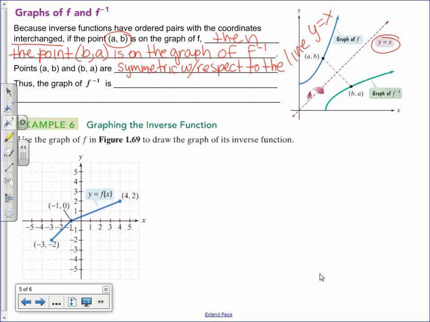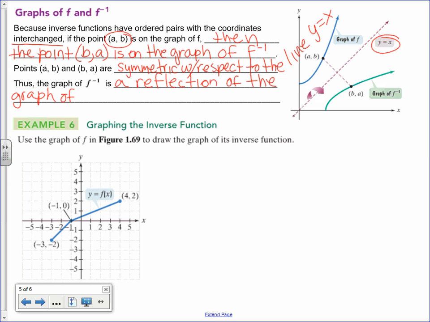Thus, the graph of f inverse is a reflection of the graph of f about the line y equals x, as you can see on the picture here.